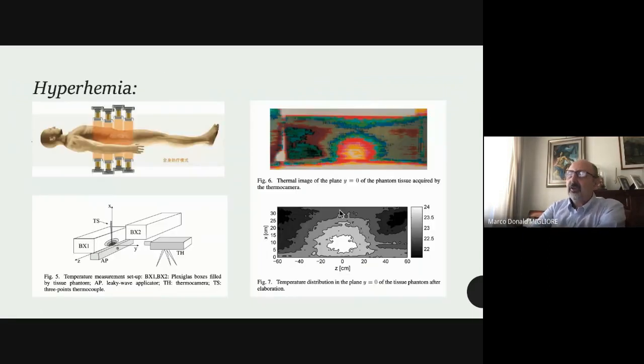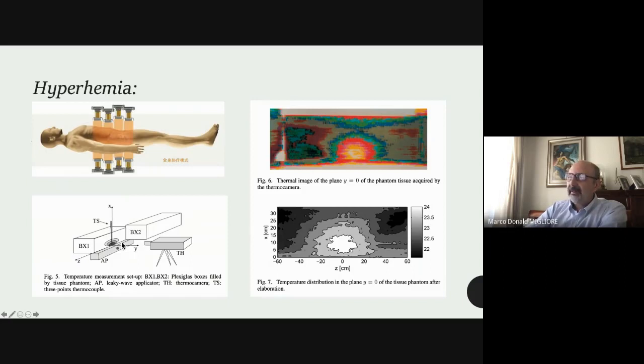I want just to show some other examples of permittivity measurements and their applications. This is an application in hyperthermia. In this case, the goal is to increase the temperature of the tissue, human tissue, in, of course, a controlled way. And we use permittivity measurements to simulate muscle tissue.